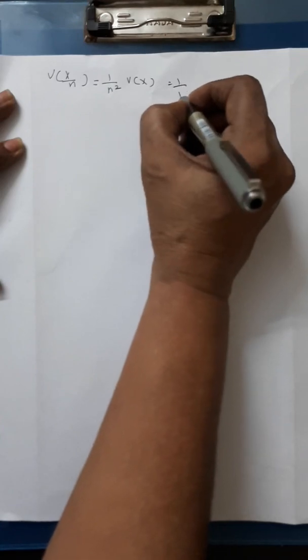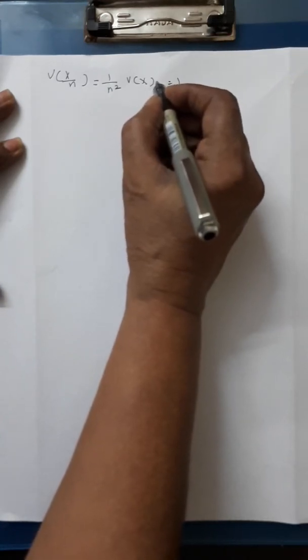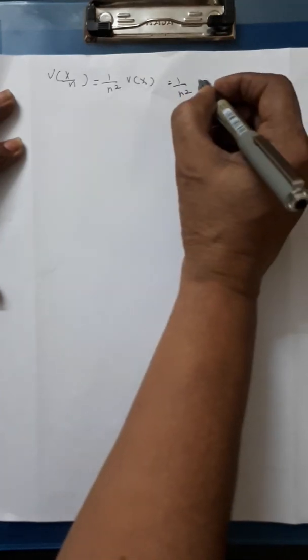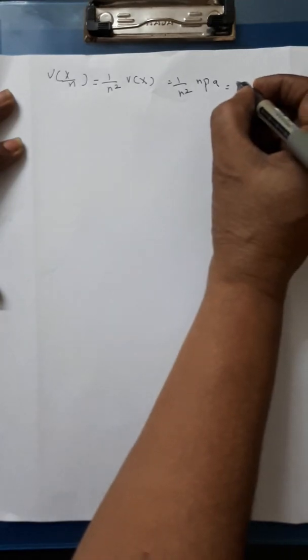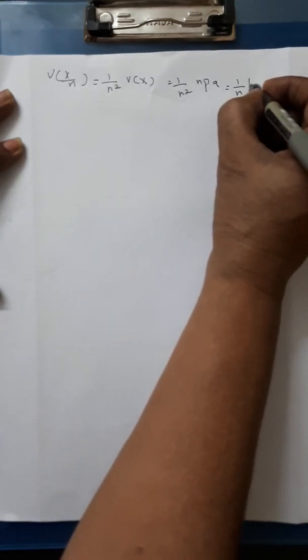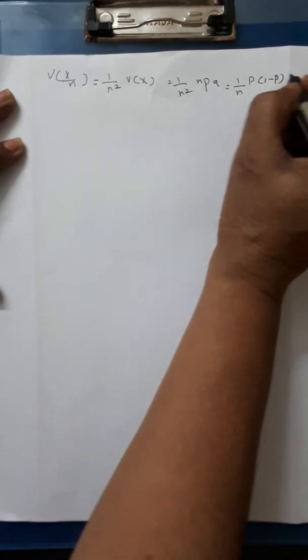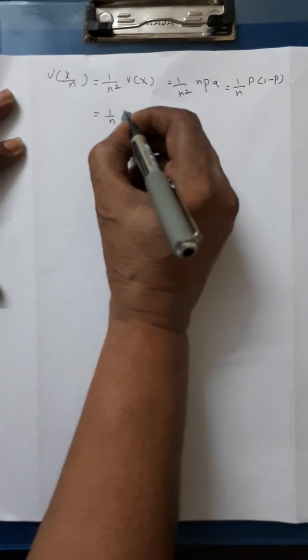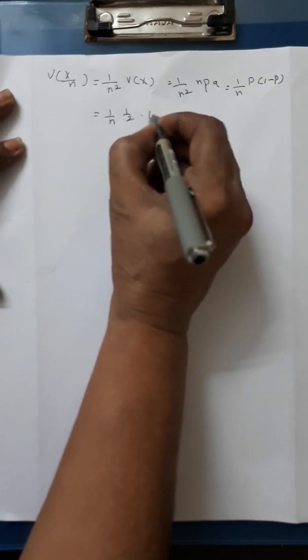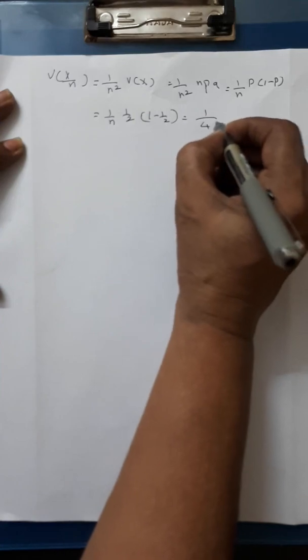Since x follows a binomial distribution, variance of x is npq. That is 1 by n square into npq, which is 1 by n into p into q. What is q? q is 1 minus p. So that is 1 by n into 1 by 2 into 1 minus 1 by 2, that is 1 by 4n.